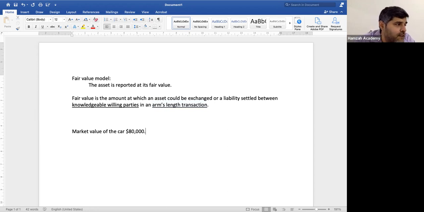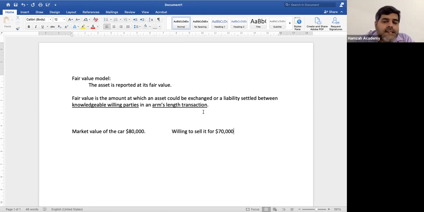Suddenly, you have an emergency where you need the cash. So you are willing to sell it for 70,000, right? Although the market value is 80,000, you are still willing to sell it for 70,000 because there's an emergency and you need the cash.